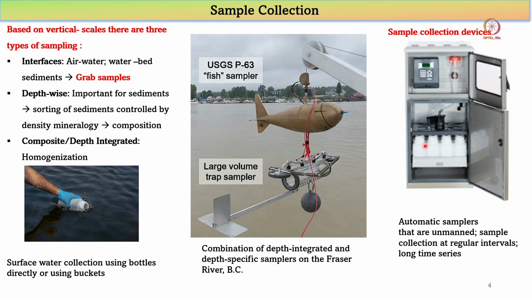Okay, so here there is no opportunity of collecting it depth wise or whatever. It is wherever that pump is fitted. So at that particular depth, every time the water is getting collected at a regular set interval, and you are having your time series data.